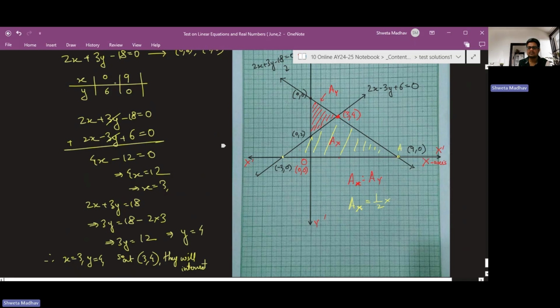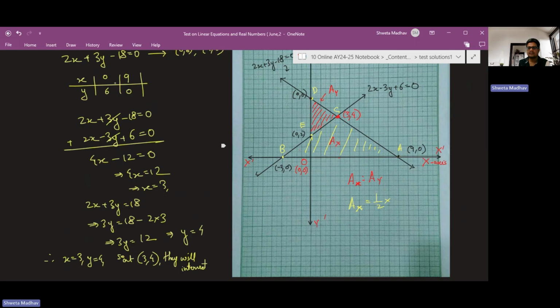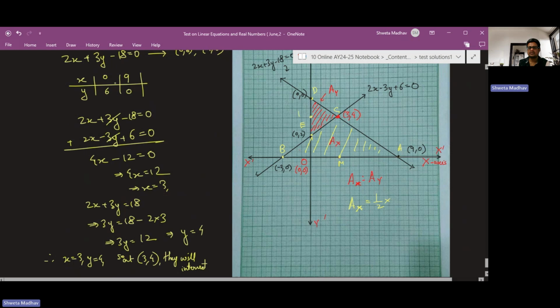Let's call this A, this is B, this point is suppose C, this point is D, and this point is suppose E. Let's call this point M and this point N. So NC is the height of the triangle CDE, and CM is the height of the triangle ABC. So half into base length AB, and height is CM.